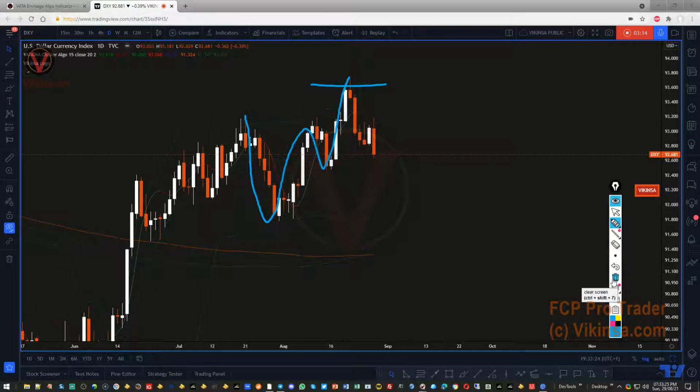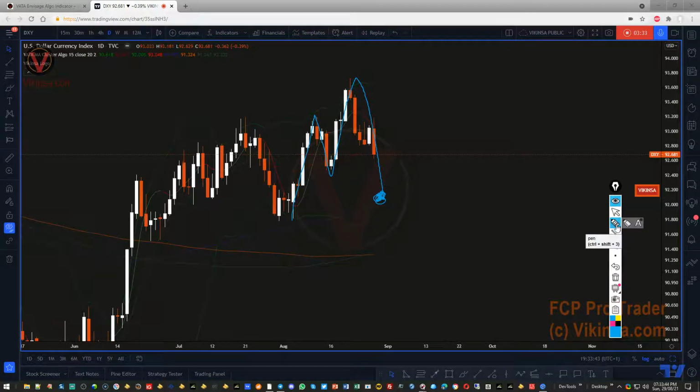If you just look at this structure, there are a few things developing here. One is that we have an M pattern which can push the price down all the way to near here, the 92 something area. That's one possibility.